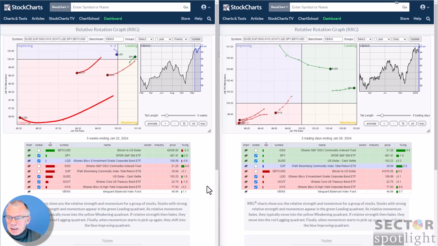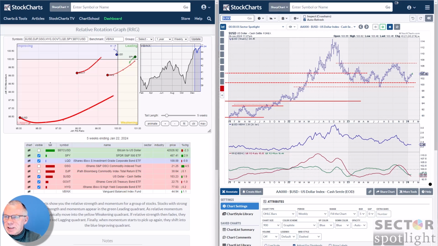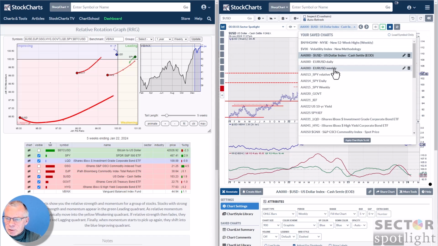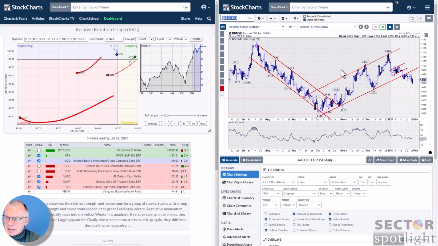So I'm going to take a look at stocks, the US dollar, and some of the fixed income stuff. If we look at the US dollar, here's the US dollar index, still moving away from that support zone, so that's good. And more interesting, let's start with the daily, here you can see how that break from that rising channel is materializing even better.